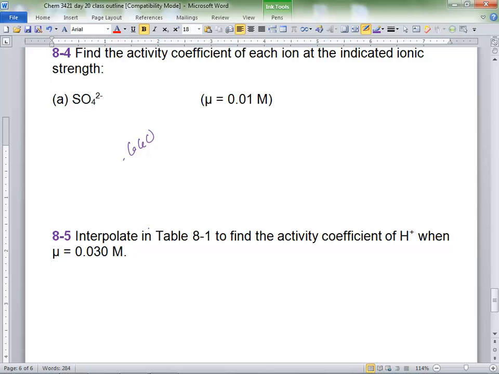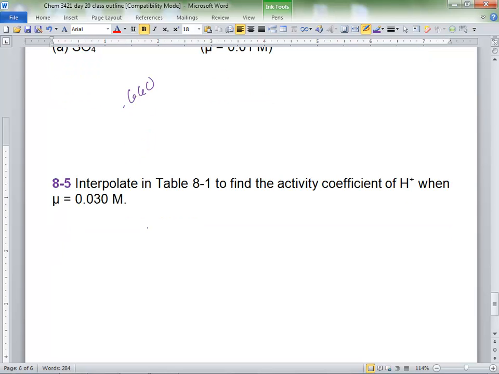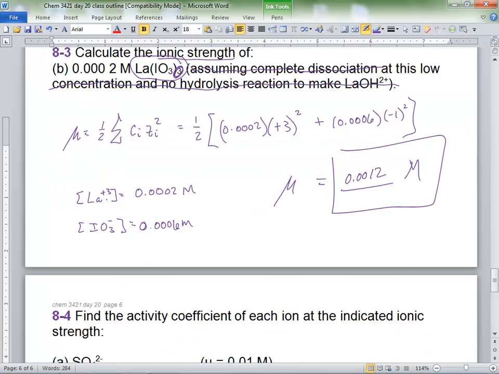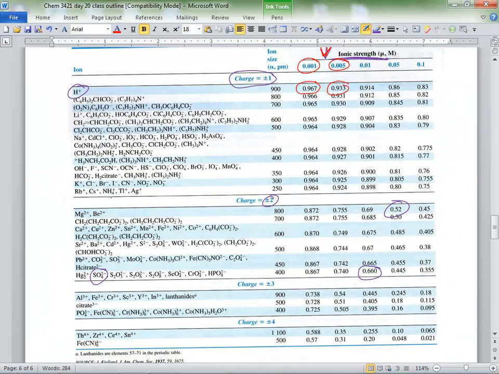All right. Try this one then. It's hydrogen ion, and it's 0.03. Hydrogen ion and 0.03. Now you need the table. Can we get this by interpolating? Can we get that equation on our sheets?